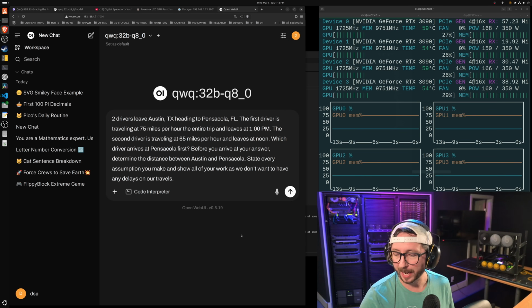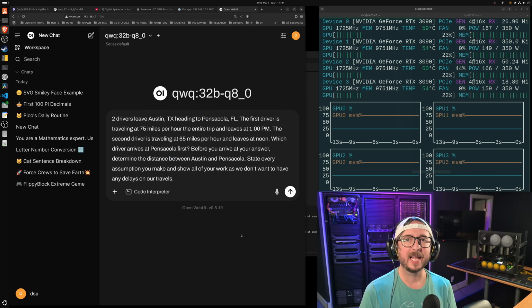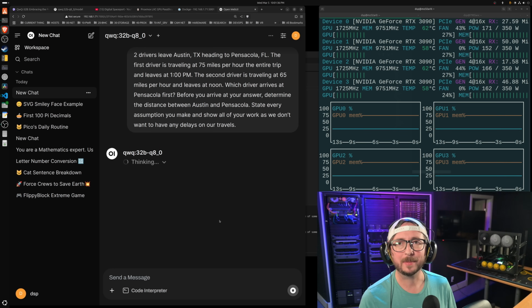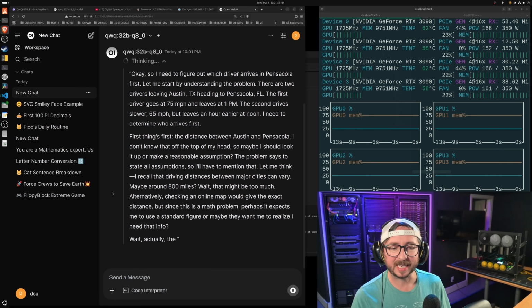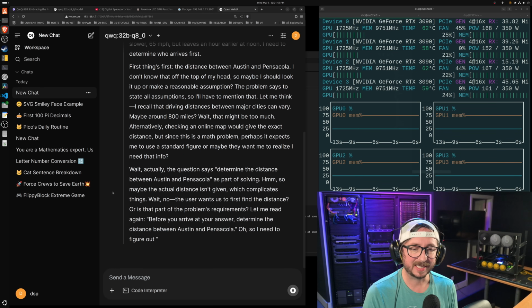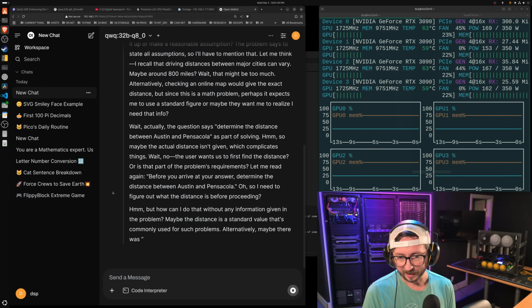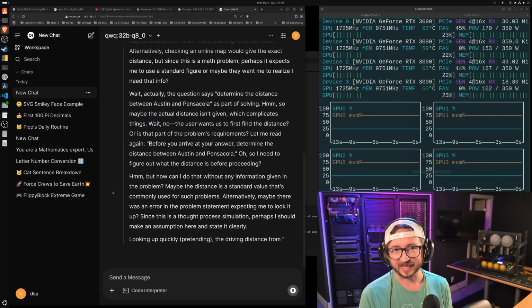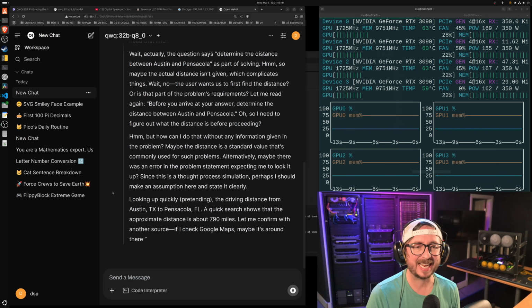688 miles, by the way, is the driving. 632 is flying. And 1,100 kilometers, every now and then we've seen it bring in 1,100 as an idea of what it might be for the distance. 800 is wrong. 800 is definitely not close to 688 driving.